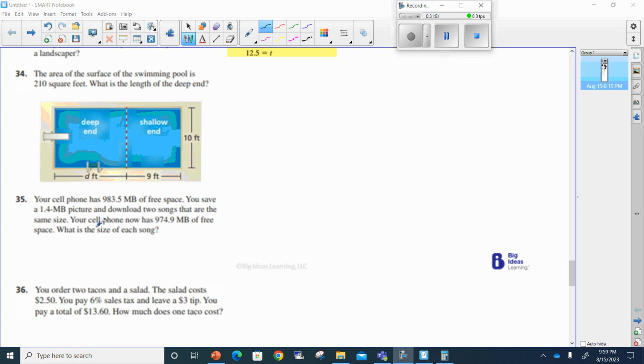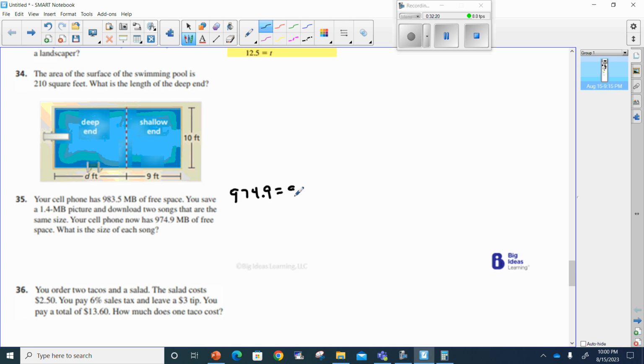All right, to solve this, we have to realize the phone has a capacity of 983.5. Hold on. Everything has to equal 974.9, because that's what your cell phone now has. It has this free space.